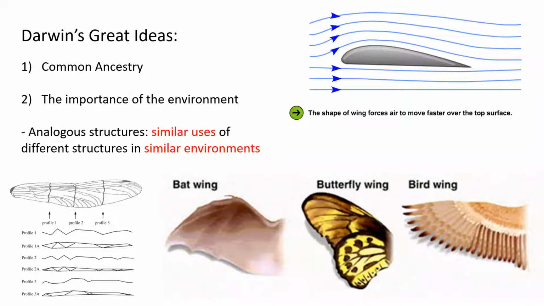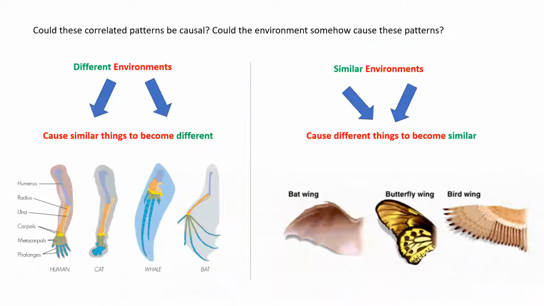What are the causal relationships? So Darwin simply applies a scientific approach to these patterns and asks, gee, could these correlated patterns be causal? Could the environment somehow cause these patterns? Could different environments cause similar things to become different over time? And could a common environment cause different things to become similar?